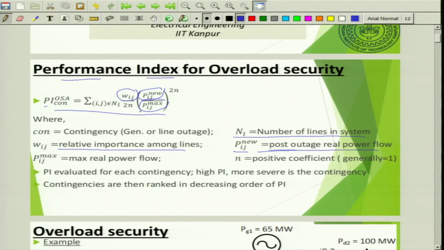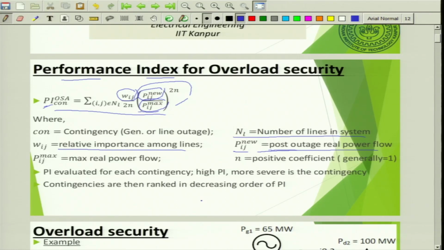Here this is the maximum limit and this is the power flow in that specific line between bus i and j. Now, if Pij nu is less than Pij maximum, then this factor will be less than 1 or something like that. If Pij nu is greater than Pij maximum, then the performance index will increase.